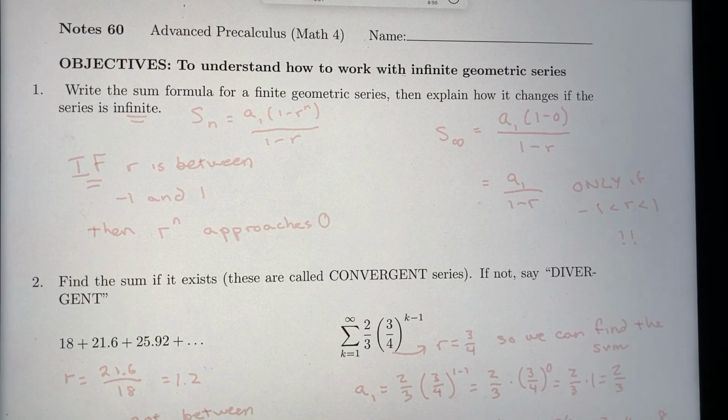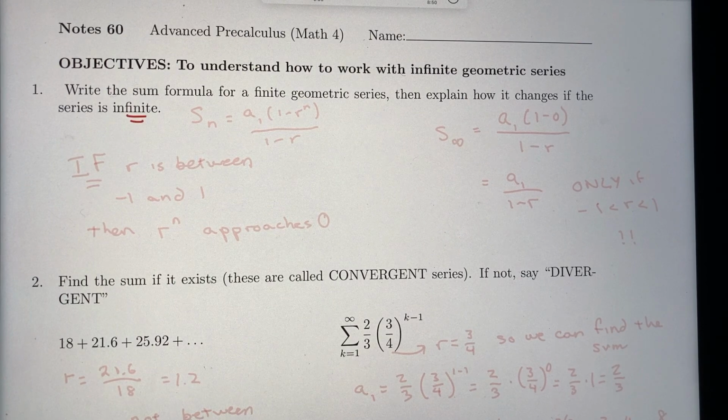All right. Infinite geometric series, unlike infinite arithmetic series, can sometimes not have an infinite total. But it's only if you're not getting bigger and bigger and bigger.